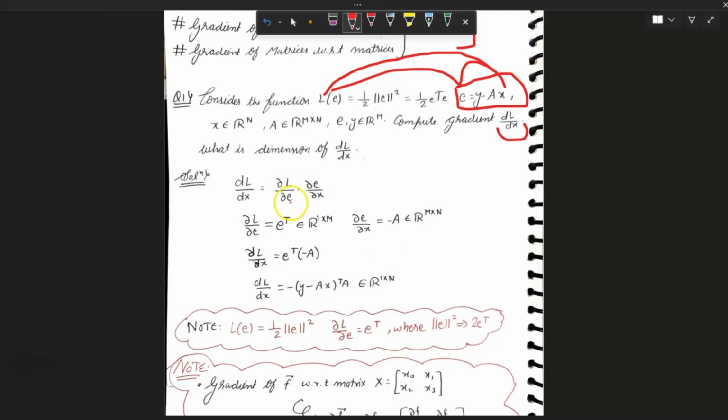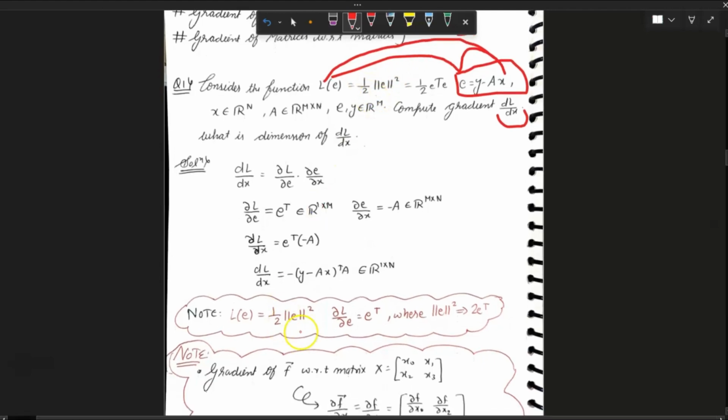How to find dou L by dou e? You have to differentiate this with respect to e. So dou L by dou e is equal to, see here, that is half e square. It has the standard differentiation here. Okay. So you just need to remember it and put it here. So e raised power T, that belongs to a relation of order 1 cross m, and the differentiation of e partially with respect to x is what?